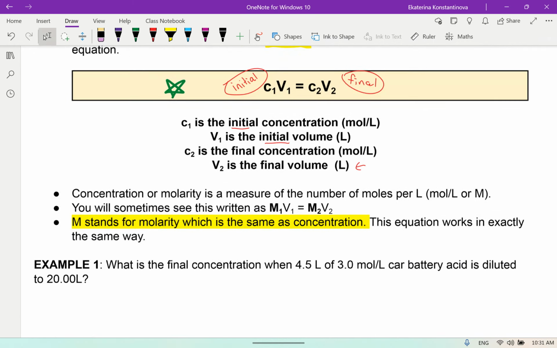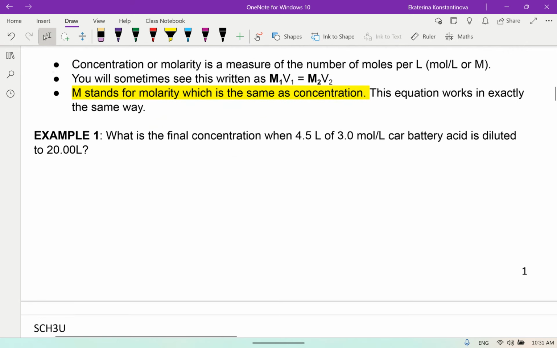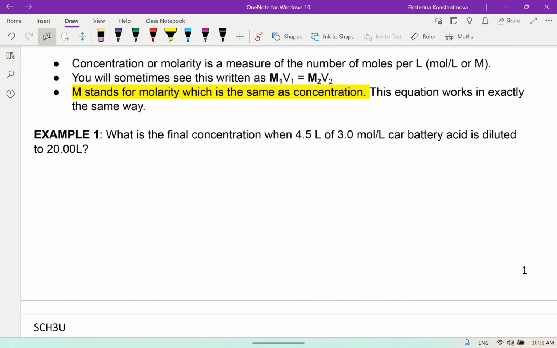So let's do an example. What is the final concentration when 4.5 liters of 3.0 mole per liter car battery acid is diluted to 20 liters? So let's write out what we're given. It's asked, what is the final concentration, so C2 is unknown, when 4.5 liters, that's your initial volume, of the initial concentration of 3.0 mole per liter, okay?